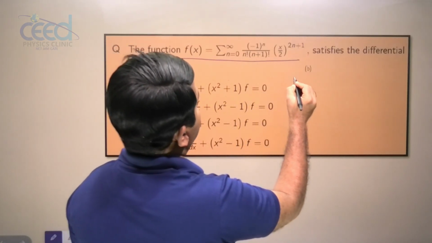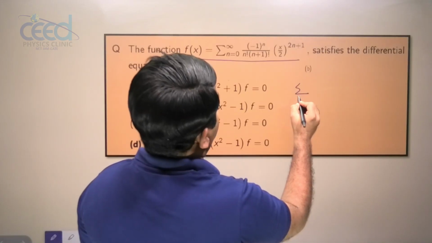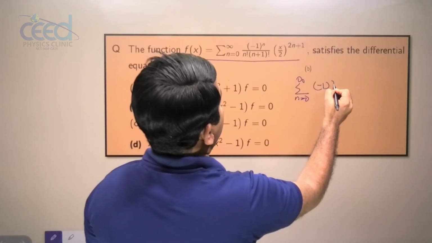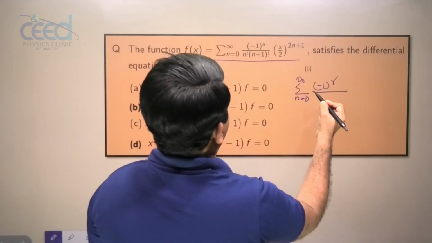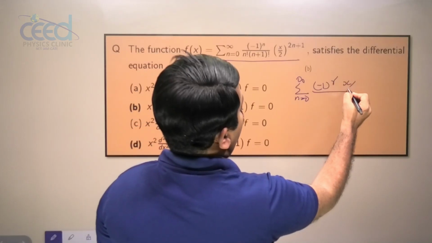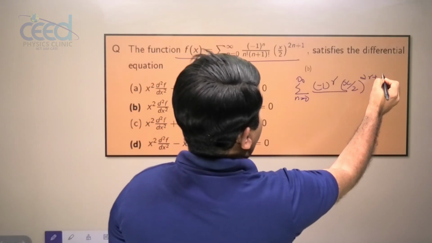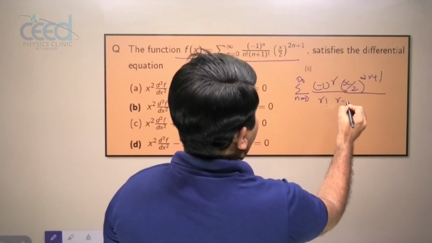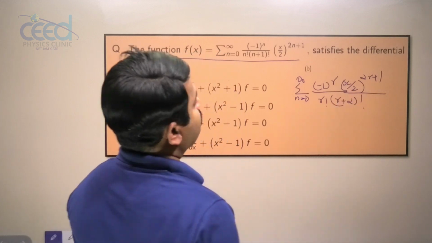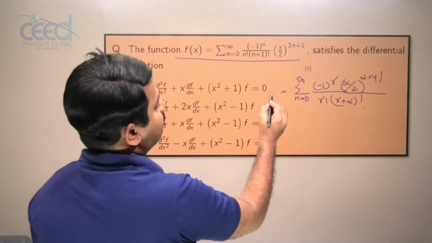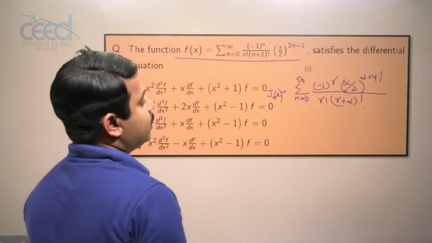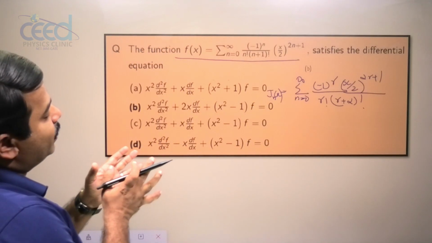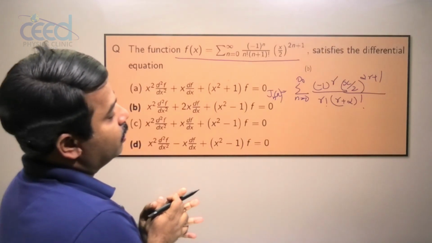Actually what we have studied is sigma r equal to 0 to infinity, minus 1 raised to r, x by 2 all raised to 2r plus alpha, divided by r factorial into r plus alpha factorial. This is our Jn of x. This is the solution of a differential equation. Which differential equation is this the solution of, we have studied.